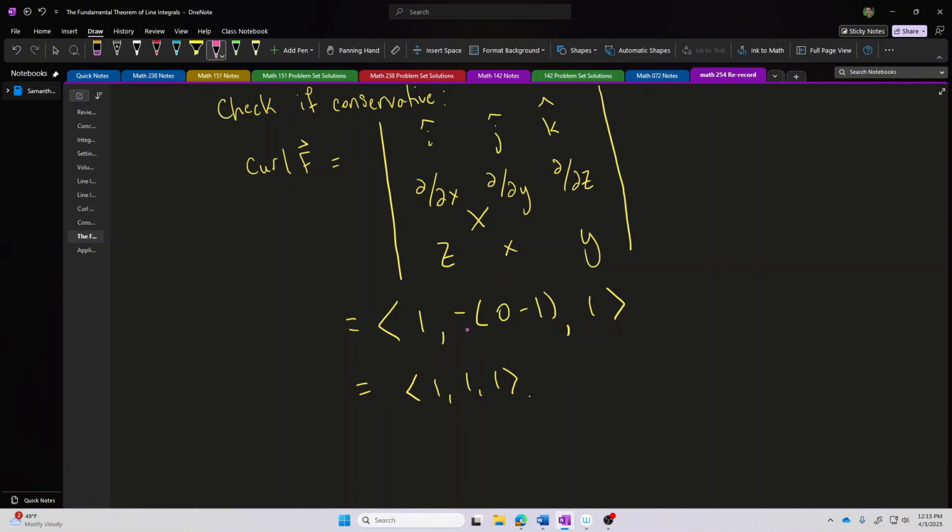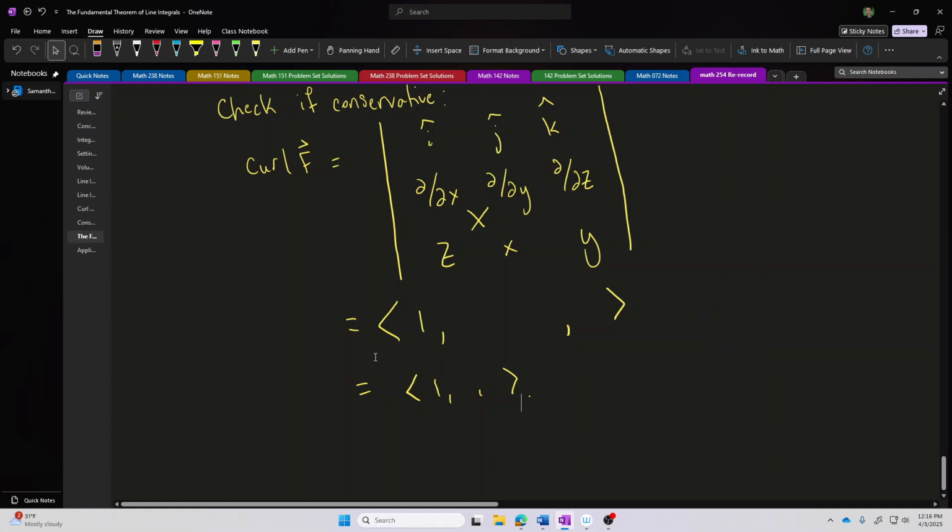I found the whole curl vector, but to tell you the truth, I really didn't need to, right? As soon as I saw that there was even a single non-zero entry in the curl, it was over in terms of the vector field being conservative. For a three-dimensional vector field to be conservative, the entire curl vector has to be 0, right?